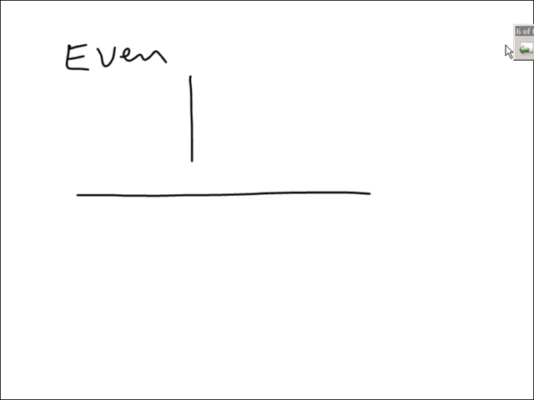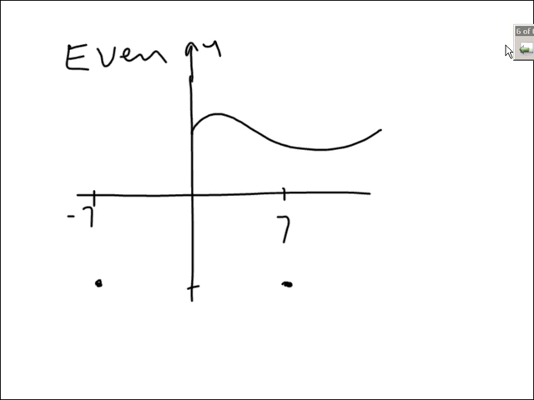In this function, if at 7 you got back negative 9, then when you plug in negative 7, you also get back negative 9. If the right side of the y-axis looks like what I just drew, then the left side is going to look the same. So maybe you spent some time figuring out the graph looks like this, but then the left side comes for free because we know it's even.